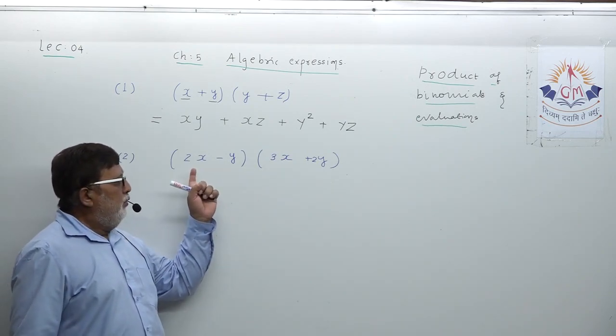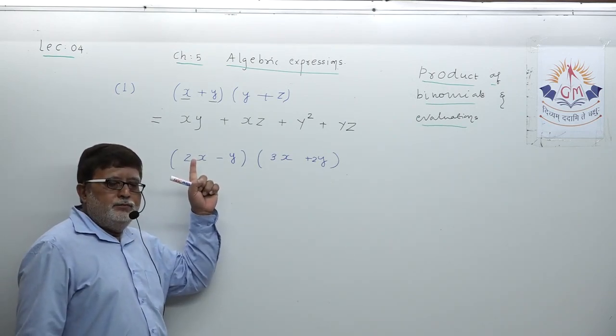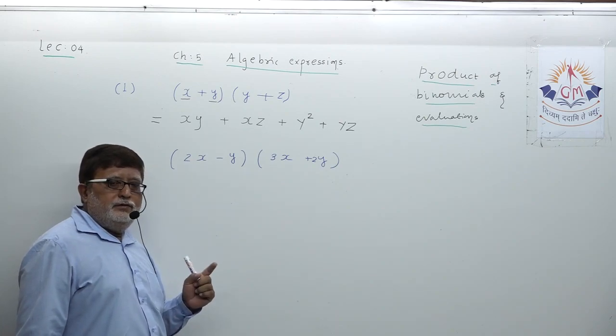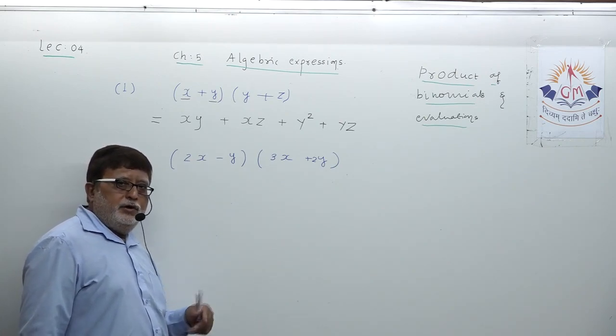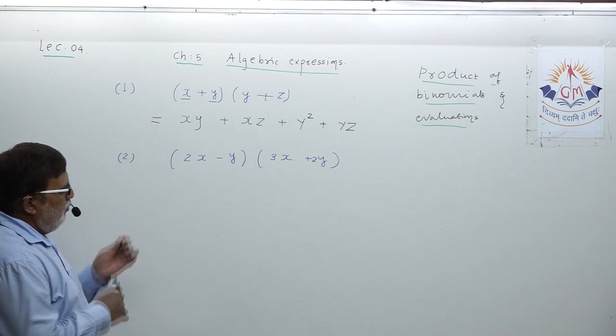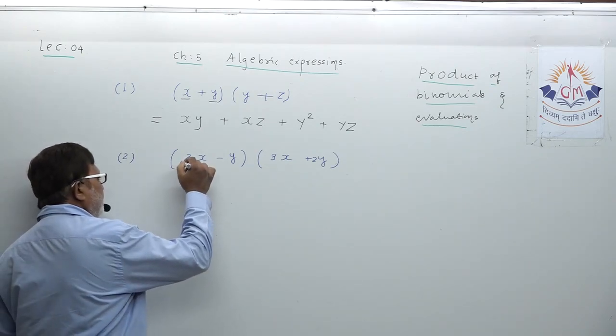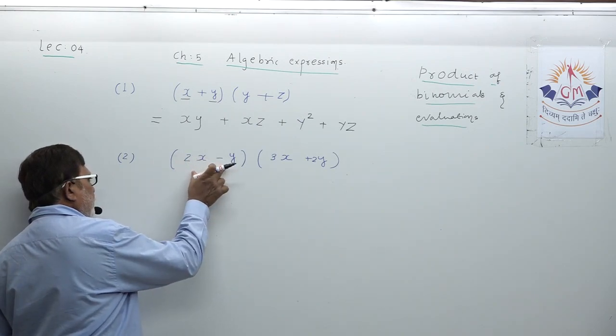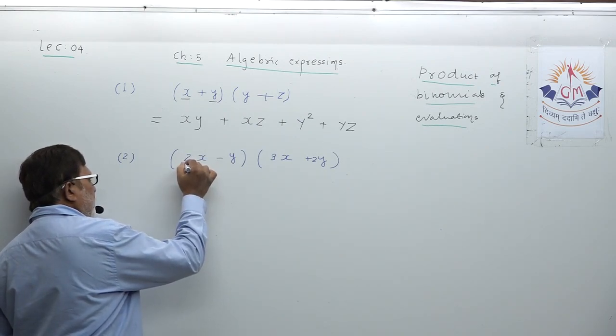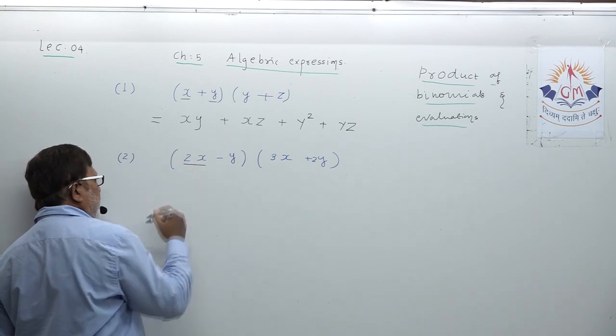As you all know, what we have done in the first example needs to be carried out the same here also. So dear student, first from this binomial you have to target this term.